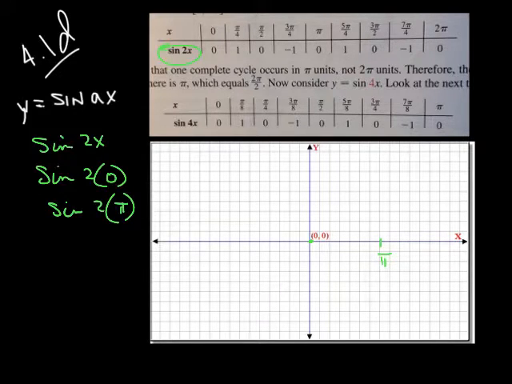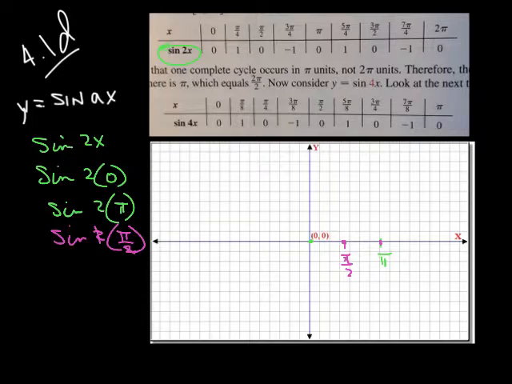I'm going to need some different colors here. We get 0. When I take pi over 2, let's do the in-between here, my x is pi over 2, and the sine of 2 times pi over 2, these will cross out, we take the sine of just pi. So the sine of pi would be 0.